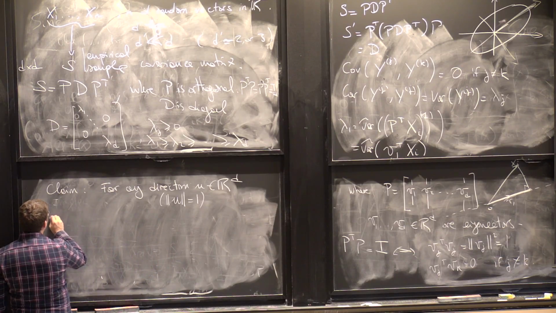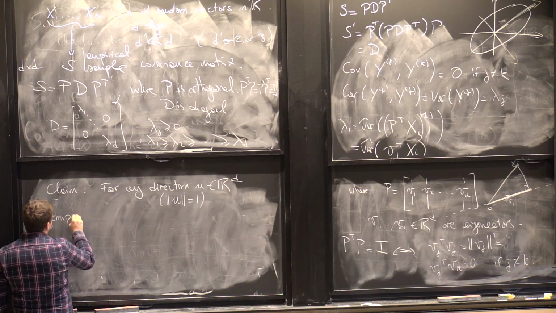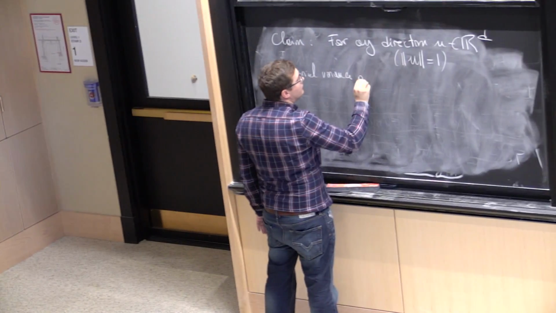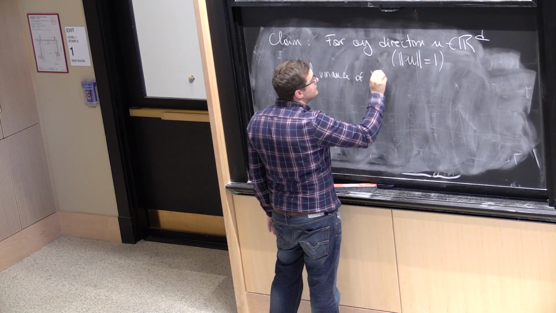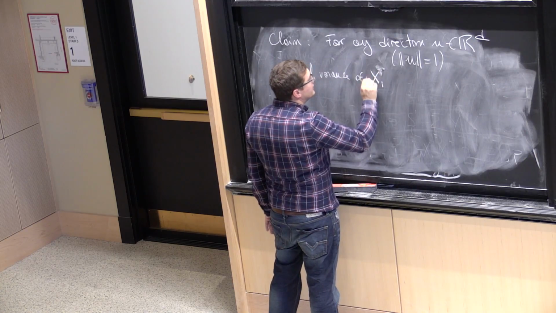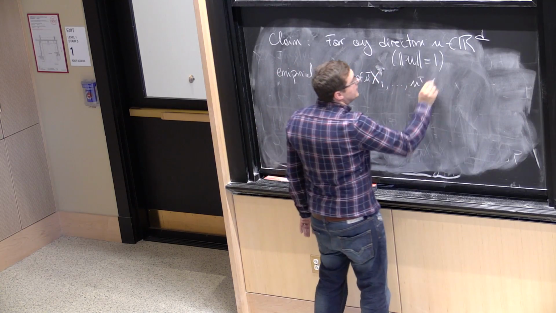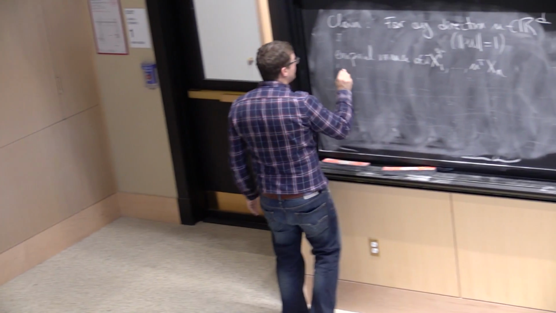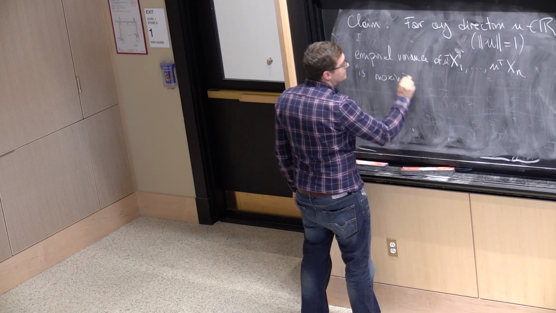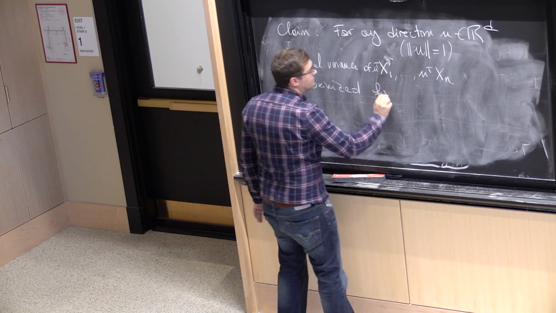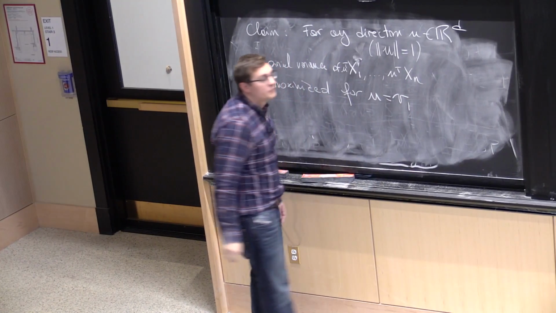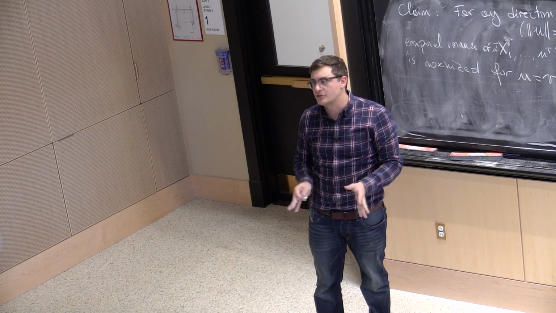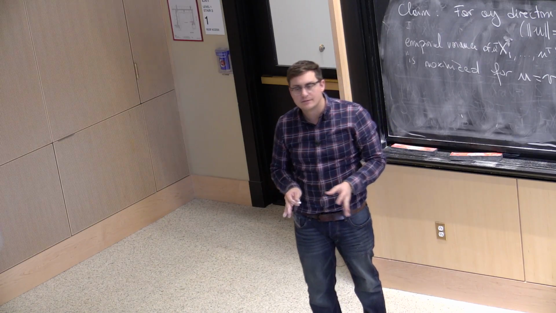Now, if I'm interested in the empirical variance of u transpose x1, ..., u transpose xn, then this thing is maximized for u equals v1, where v1 is the eigenvector associated to lambda 1, and lambda 1 is not any eigenvalue, it's the largest of all those. Right? So this is the largest eigenvalue.